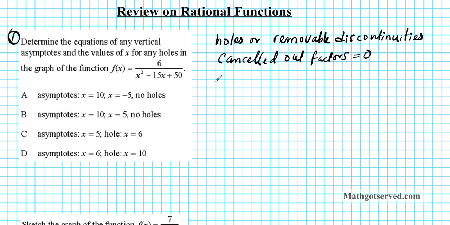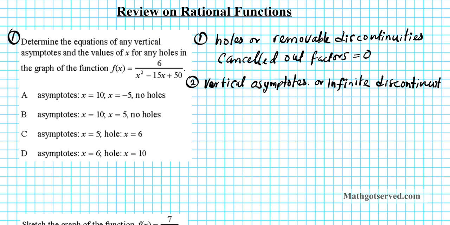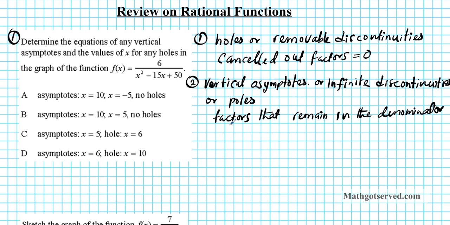And then the vertical asymptotes, or you can also call them your infinite discontinuities, or your poles, are the factors that remain in the denominator set equal to 0.